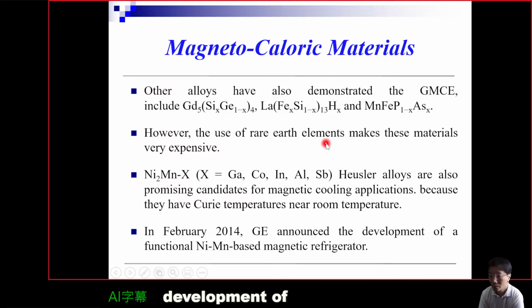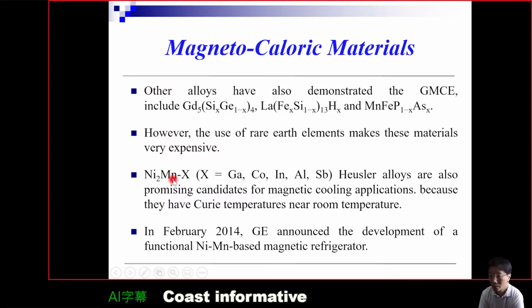At that time, I mean the end of the 20th century, rare earth elements were still very expensive, and nowadays they're not so expensive, but they still cost. And so people try to look for different kinds of material that don't need rare earth elements.